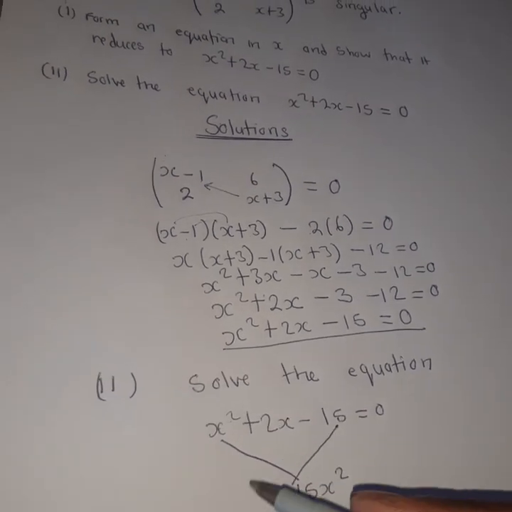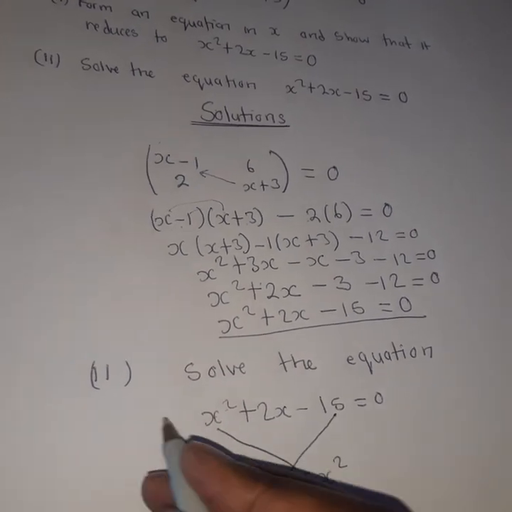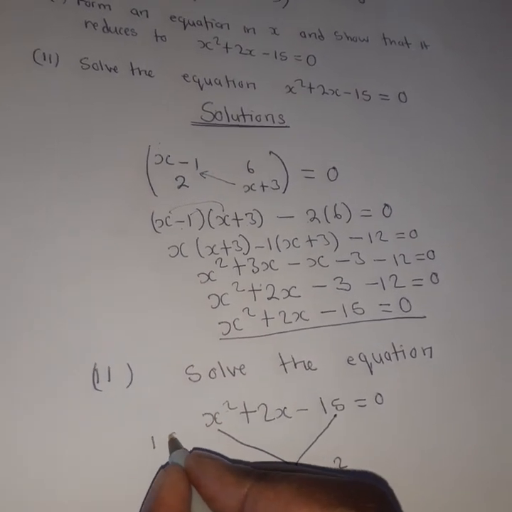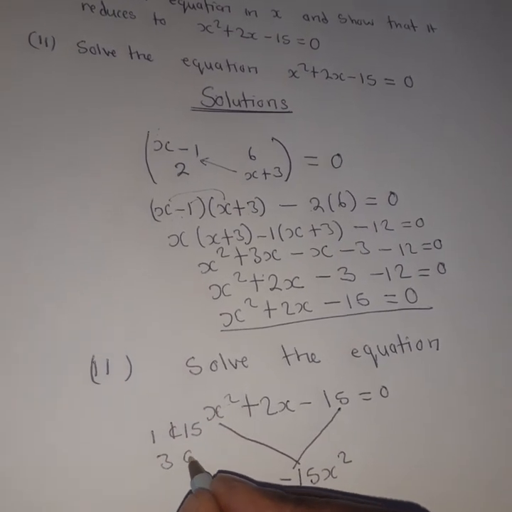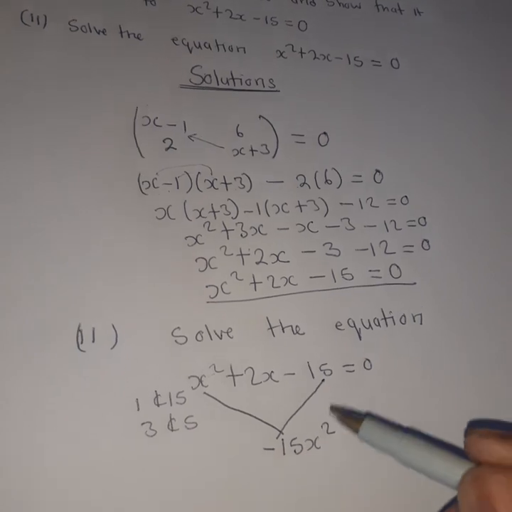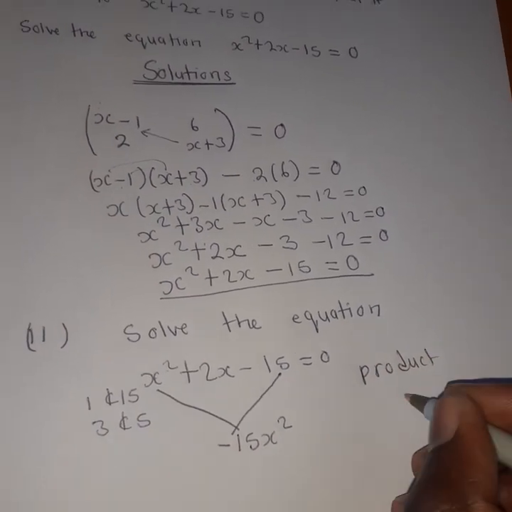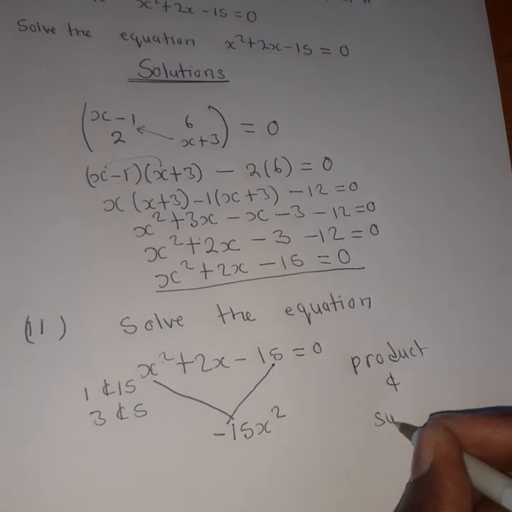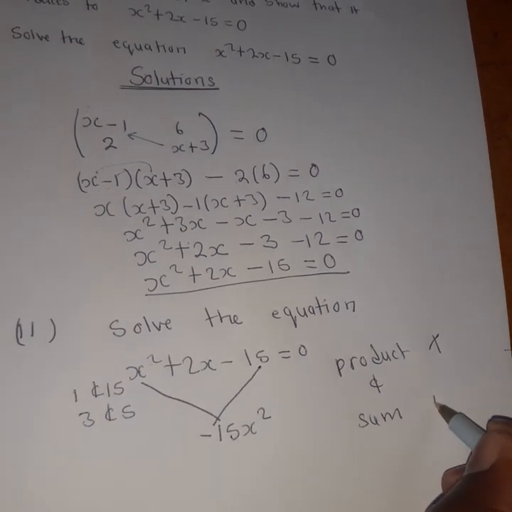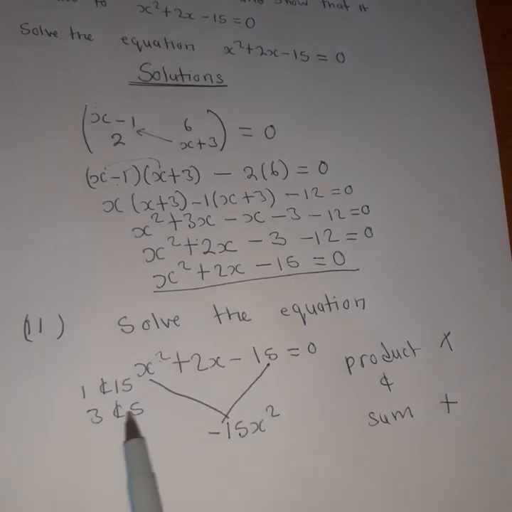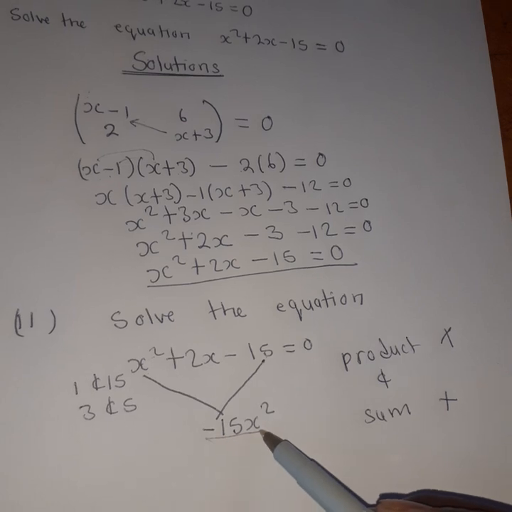We look for two factors that multiply to get 15: 1 and 15, and also 3 and 5. Like I said, this is product and sum. Product we are multiplying, sum we are adding.